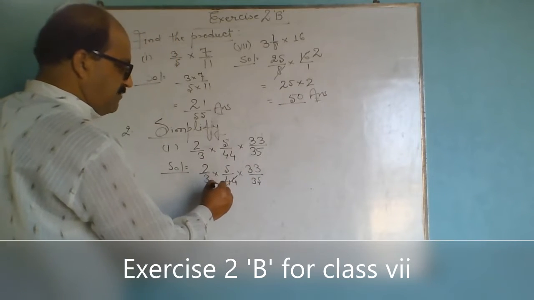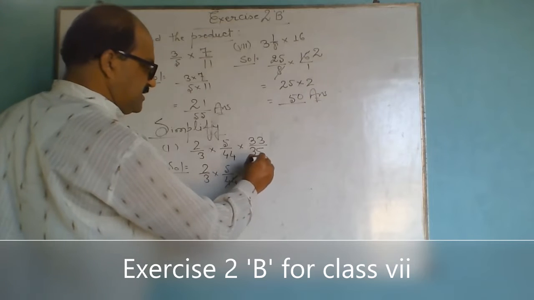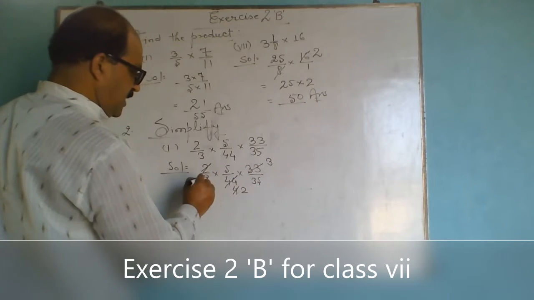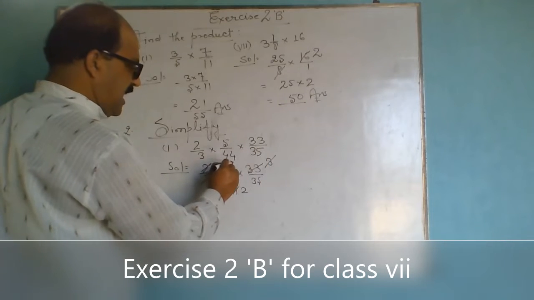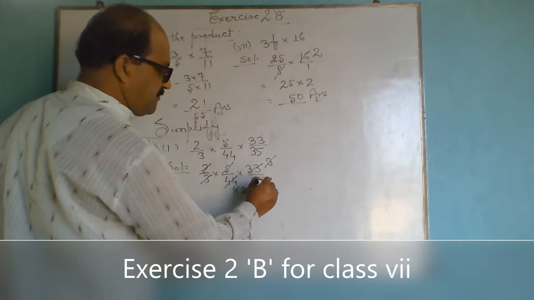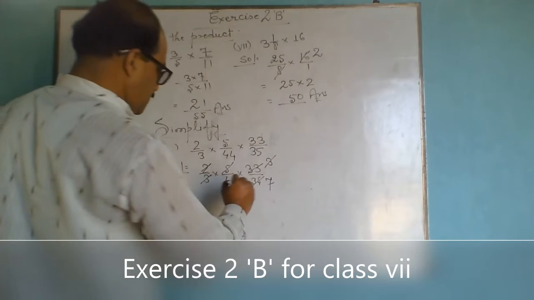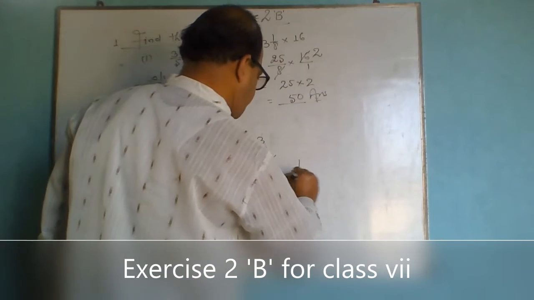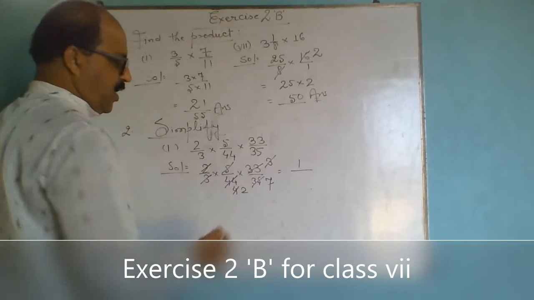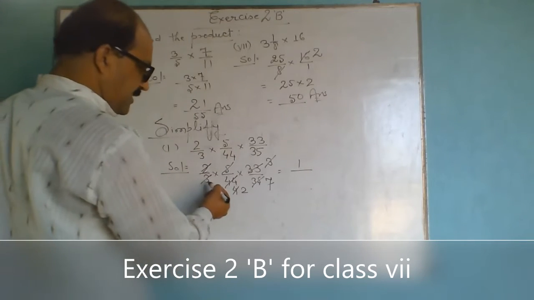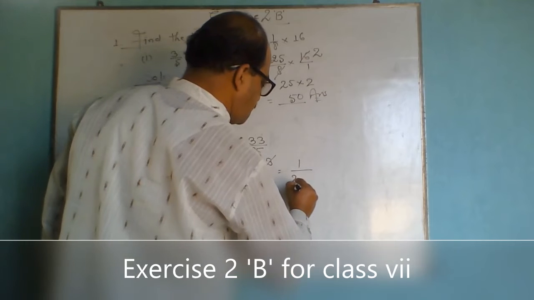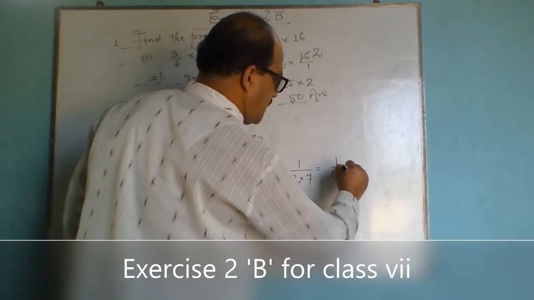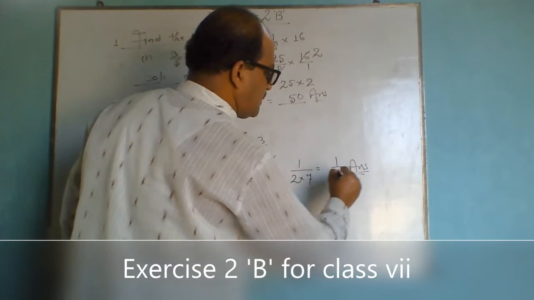Here 11 fours are 44, 11 threes are 33, 2 twos are 4... 3 threes are cancelled and 5 sevens are 35. So the rest part is 1, nothing is left over in the numerator place, and here only 2 into 7, 2 into 7 is equal to 1 by 14. This is the answer of this question.